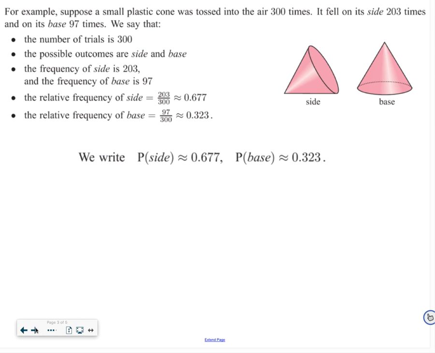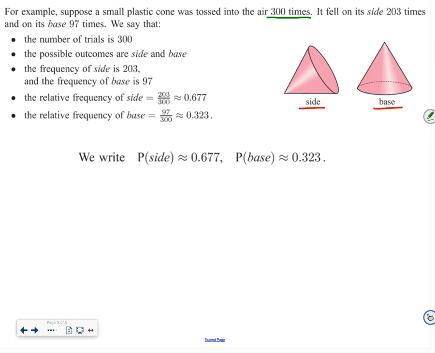I'm throwing up a cone-type shape, and I'm curious if my cone is going to land on its side or on its base. I'm going to repeat this about 300 times, and we're going to see how many of those times it lands on the side and on its base.